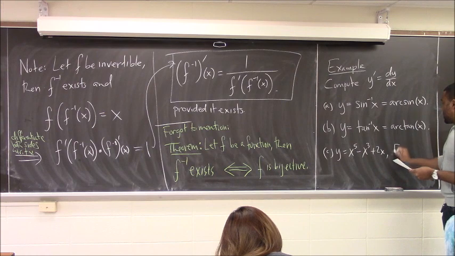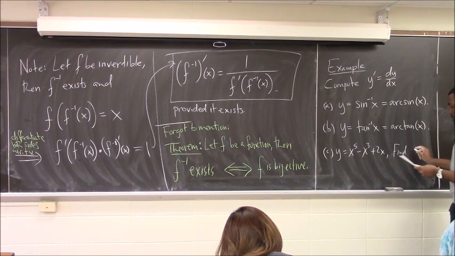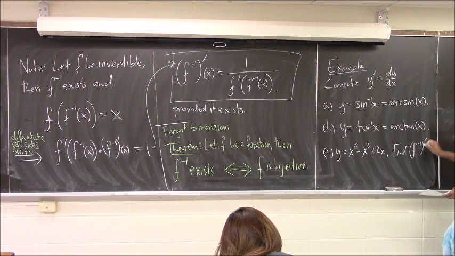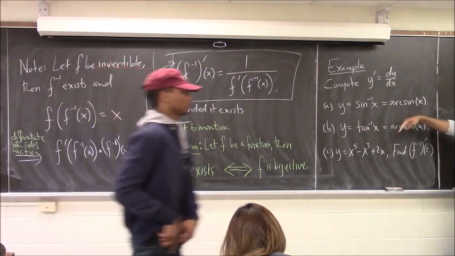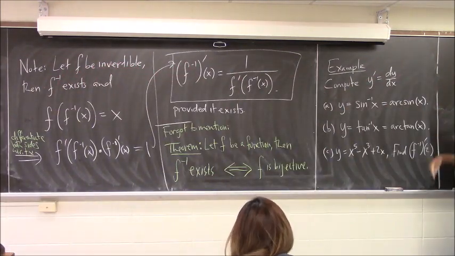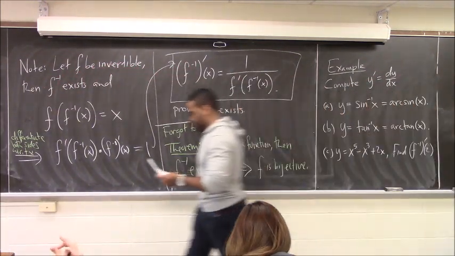I want you to find the derivative of the inverse function evaluated at the point 2. So it turns out this function does have an inverse, and assuming you could find such an inverse, find the derivative when the input is 2.